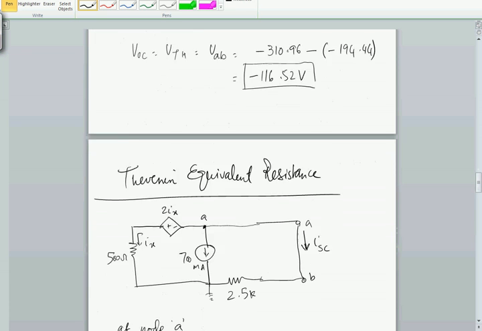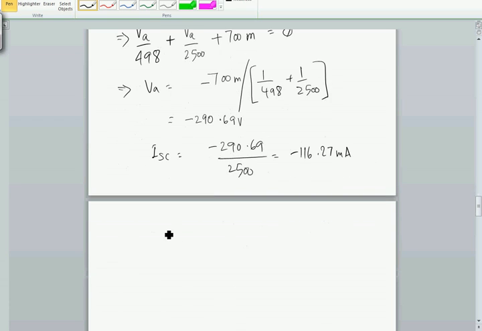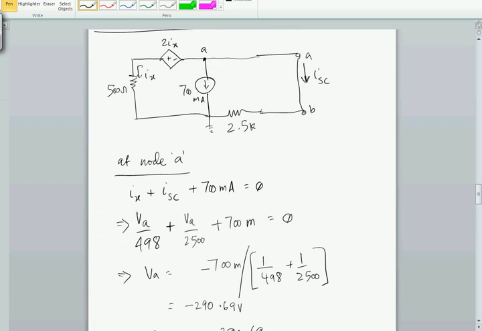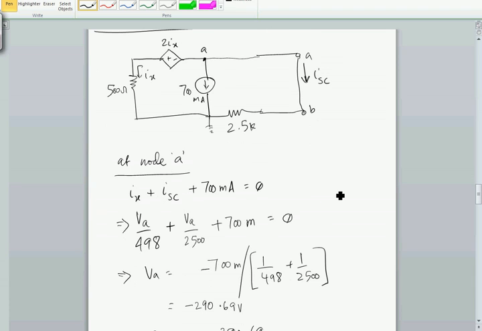load is connected. We have the short circuit current between the terminals where the load is connected when we short circuit the terminals. Your Thevenin resistance will be equal to the ratio of the open circuit voltage to the short circuit current. That's how you find the Thevenin equivalent resistance in the circuits where you have dependent sources. That's one of the methods that we usually use in our class, and let's stick with this method.